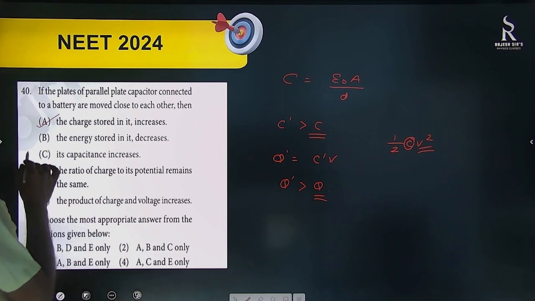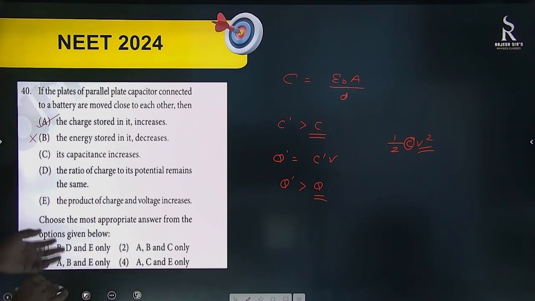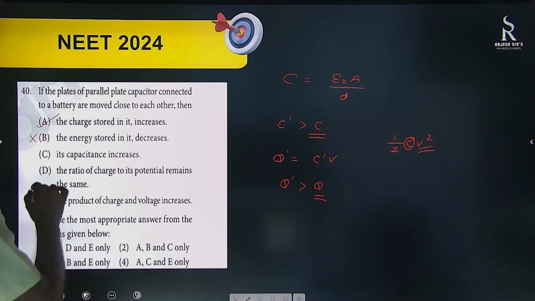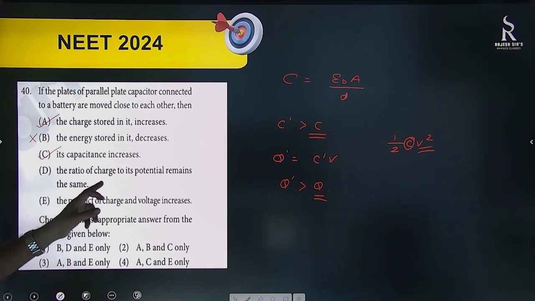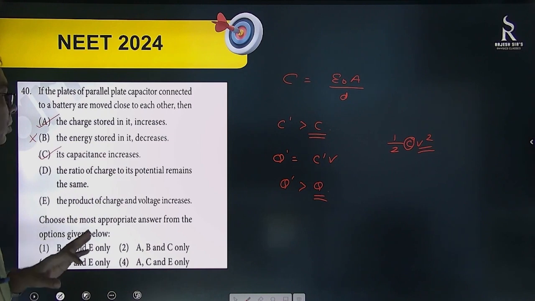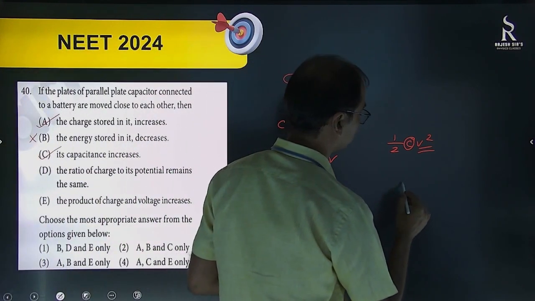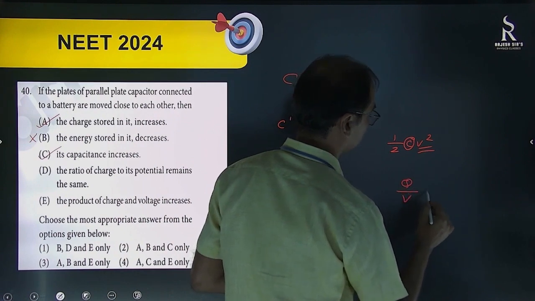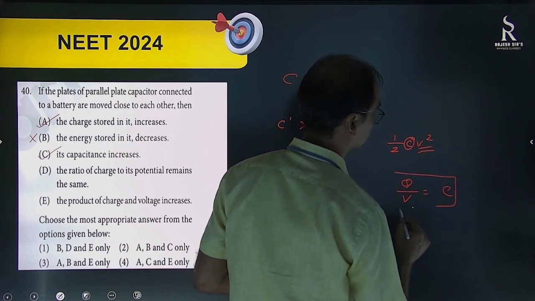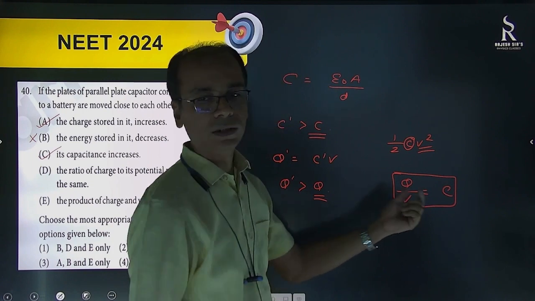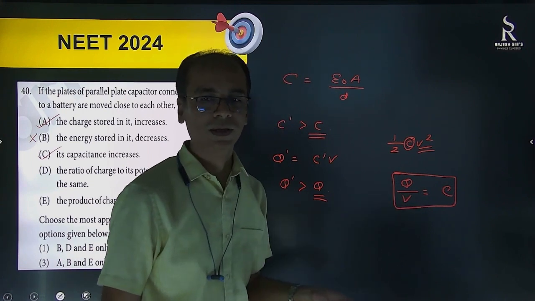So this is wrong. We have to check the multiple options. Does capacitance increase? Yes. The ratio of the charge to its potential remains the same. Charge to potential ratio is what? That's capacitance only, no? So capacitance has increased. So how can it be the same?